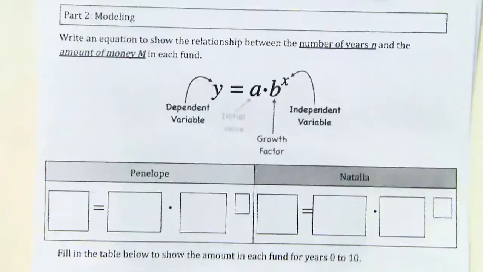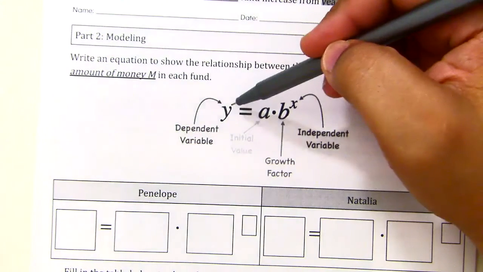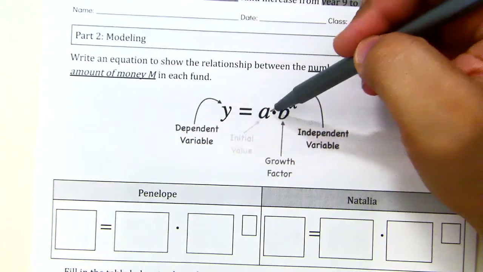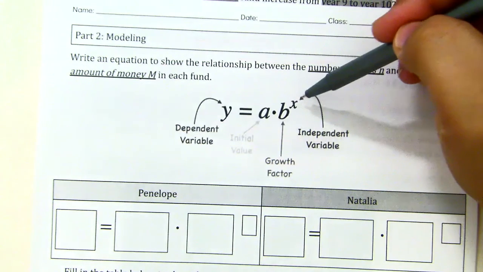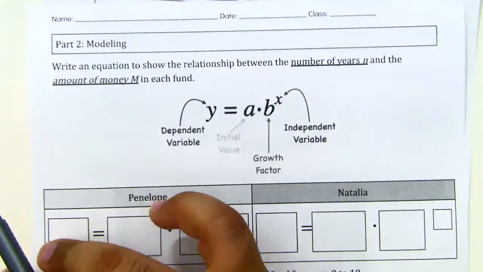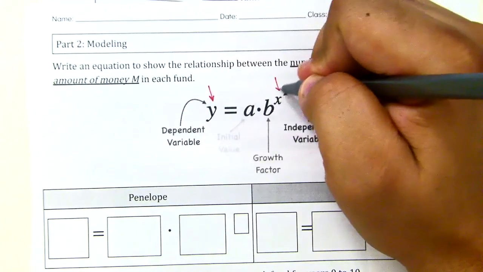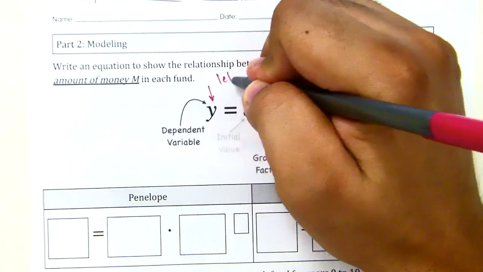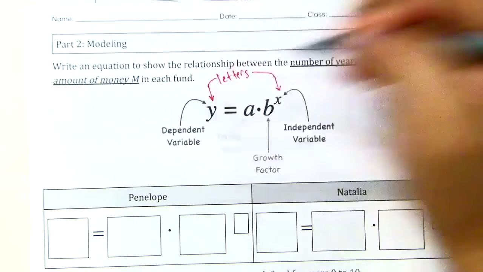So just to remind you, right, our exponential equations always take this form. Your dependent variable is equal to your initial value multiplied by your growth factor, and the exponent is the independent variable, all right? So I still see people messing this up. Basically, the dependent and independent variables need to be letters because those are your variables.